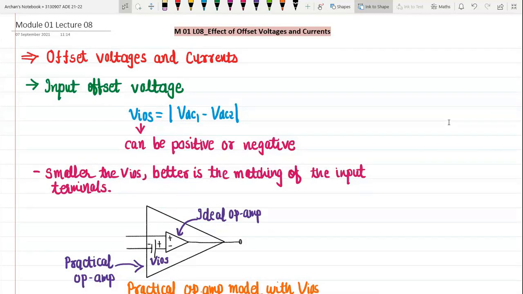So to make such a voltage zero, it is necessary to apply a small difference voltage between the two input terminals of the operational amplifier, and this voltage is called input offset voltage.